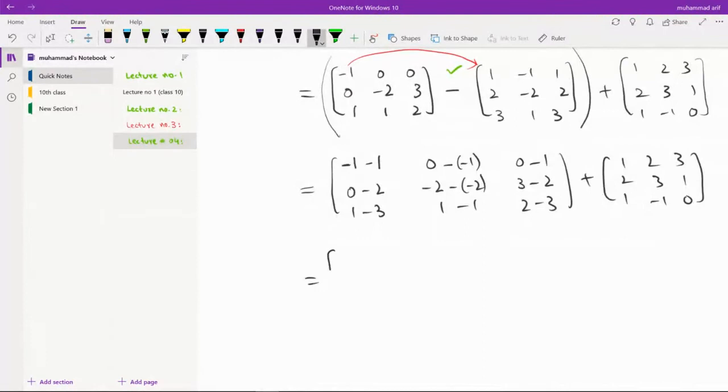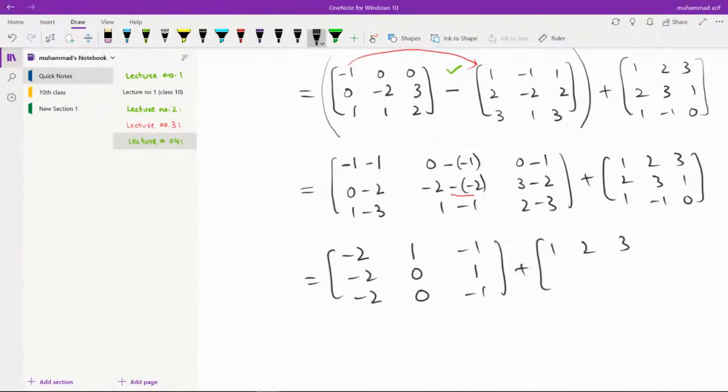After solving it, we get negative 2, positive 1, negative 1, negative 2, negative and negative becomes positive. Positive 2 is subtracted from negative 2. It becomes 0. 1, negative 2, 0, negative 1.